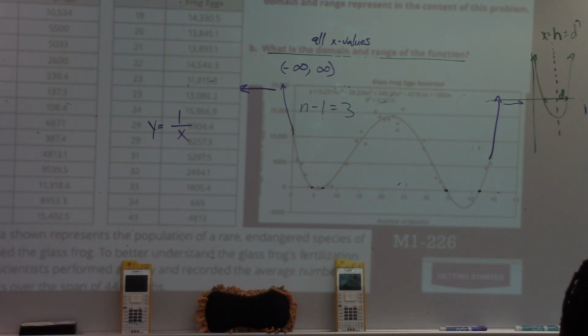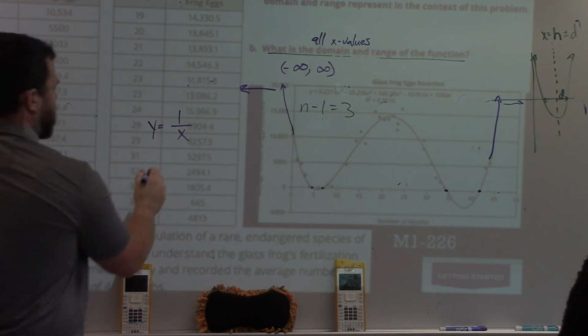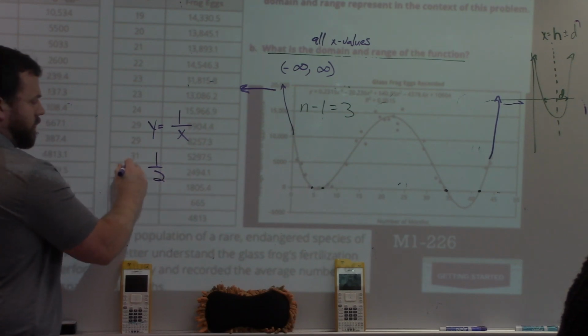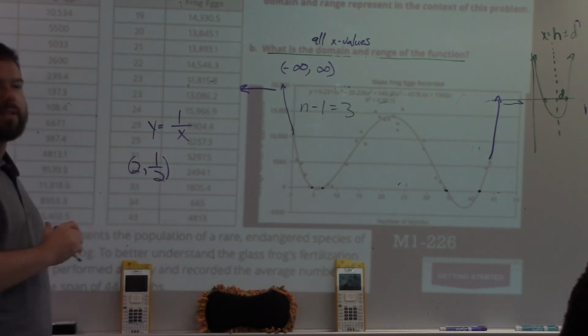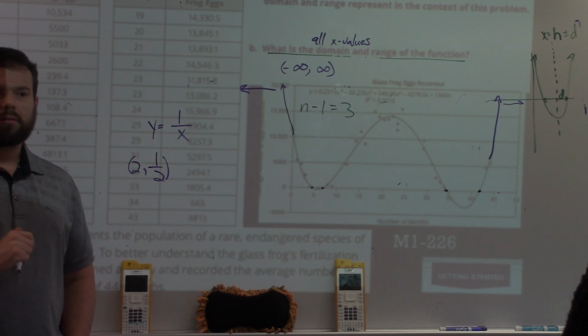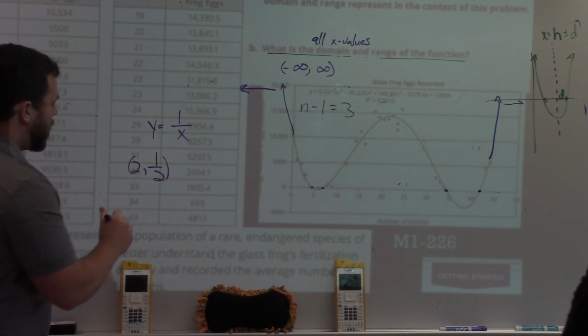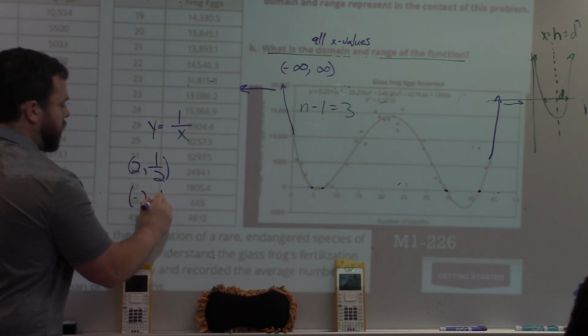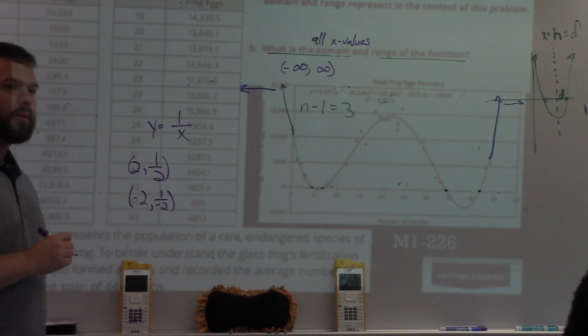Could I put a 2 in and get 1/2? Yeah, I can put a positive in. If I put a negative 2 in, I would get 1 divided by negative 2.